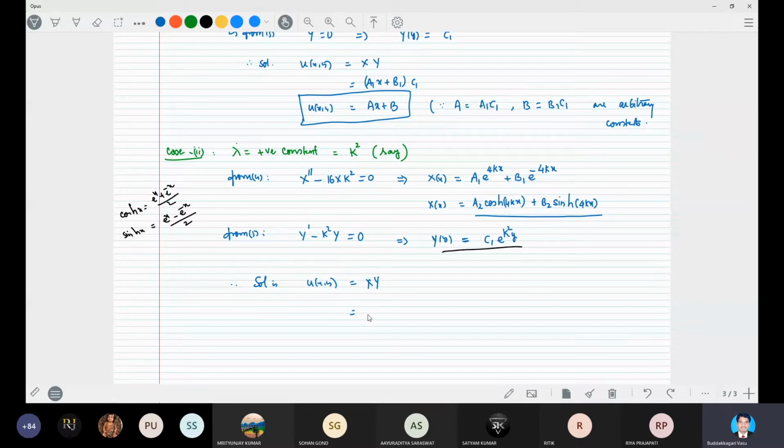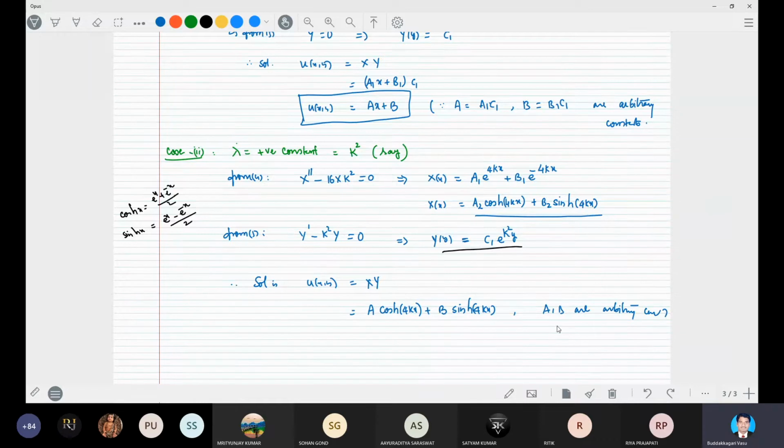So therefore it will be giving you A into cosh 4kx plus B into sinh 4kx, where capital A, B are arbitrary constants, right?